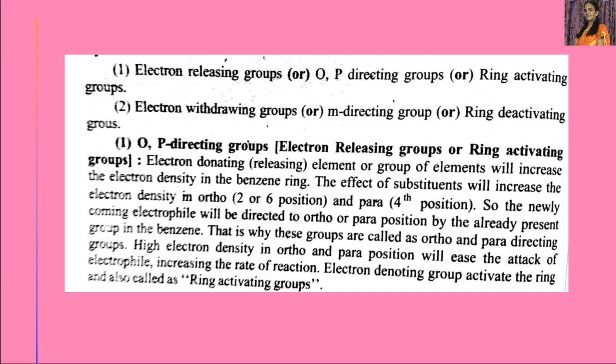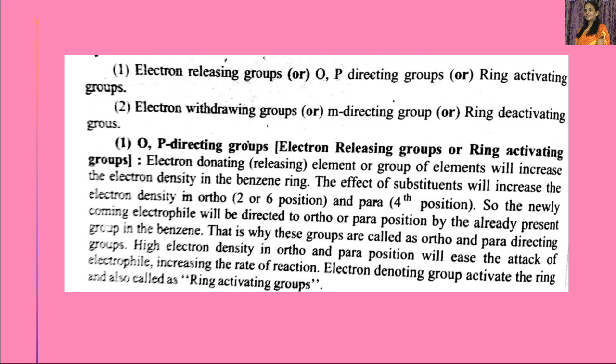Now, first of all, let's discuss the first type of groups, that is electron releasing groups or ortho-para directing groups. These are the groups that direct the incoming electrophile to ortho and para positions. These are also ring activating groups. That is, they increase the reactivity of the benzene ring.